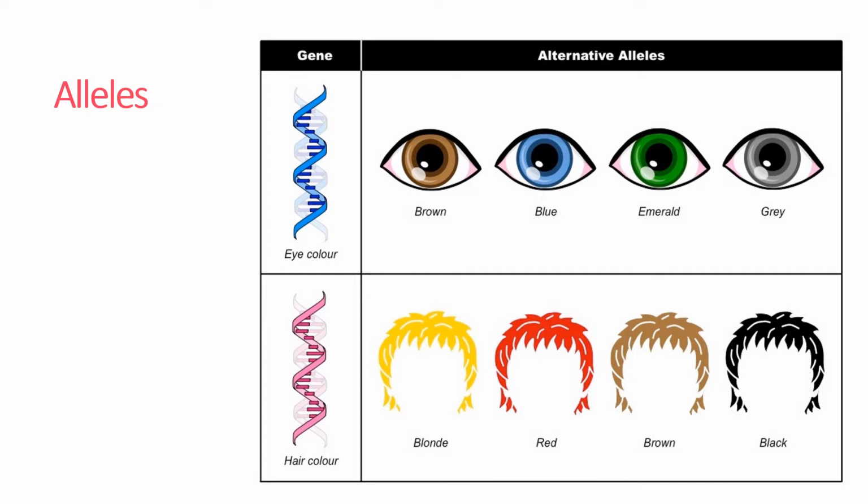Similarly, there are different alleles for the hair color gene: blonde, red, brown, or black. The terms that I've used on this slide and the previous include chromosome, gene, homologous chromosome and homologous gene, and allele.